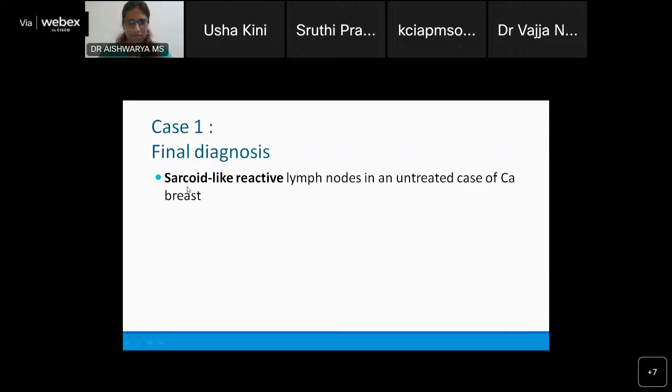Okay, so the word is sarcoid-like reactive. We use the word SLR for short, used when these patients do not have systemic symptoms of sarcoid. Okay, this is a local response. So what appeared to be granuloma is now sarcoid-like reactive lymph nodes.